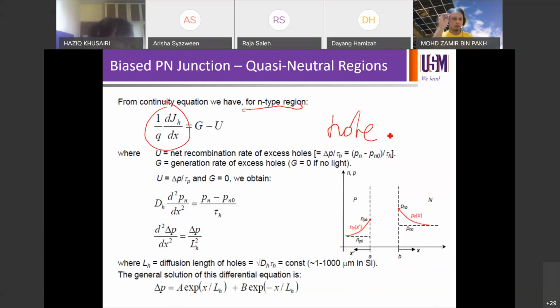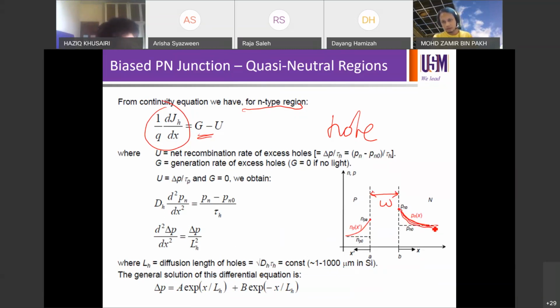That is equal to G over U, where G is the generation rate of excess holes, and U is the recombination rate of excess holes. Okay, so G minus U. So we are actually talking about this. Okay, this is the depletion region. Now we want to know this.